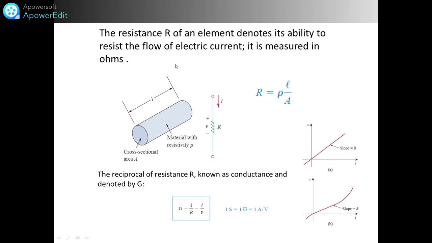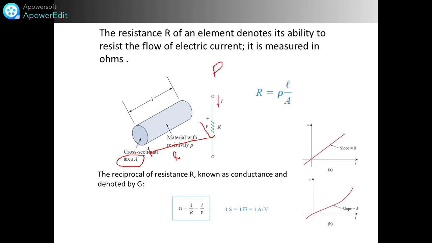It is a basic nature of any element which opposes the flow of electrons, and it is called resistance. Let us consider a wire of length L having a cross-sectional area A.